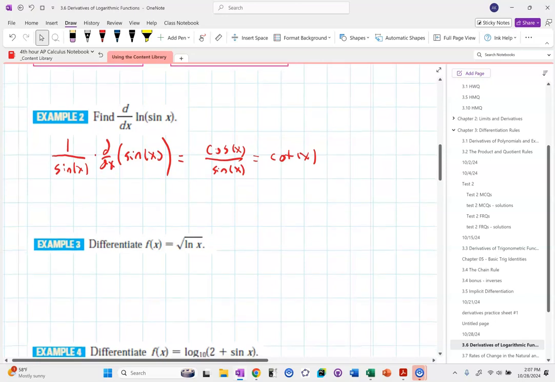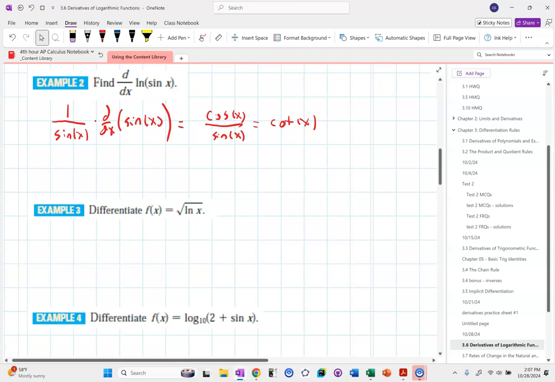All right, let's do the next one. What do you notice when you look at example 3 here? To do the derivative, what are we going to have to do?